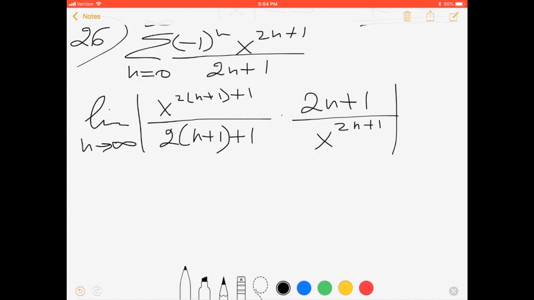Here we simplify a little bit. The limit as n approaches infinity.